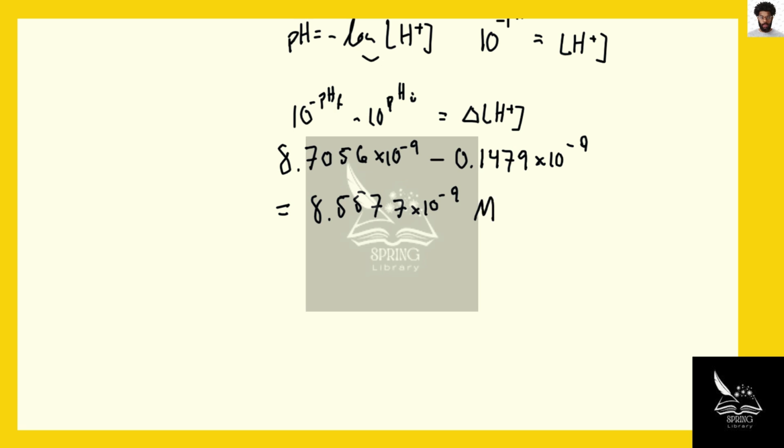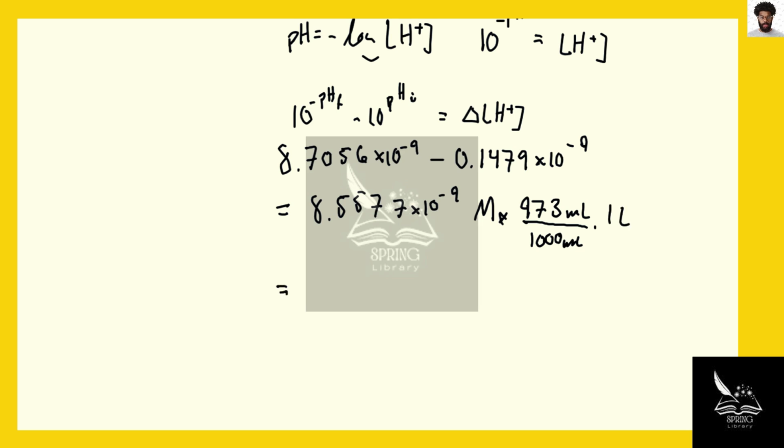Right, and recall that if we want to go from molarity to H plus, we simply need to multiply by our 973 milliliters. And remember, there are 1,000 milliliters in 1 liter.